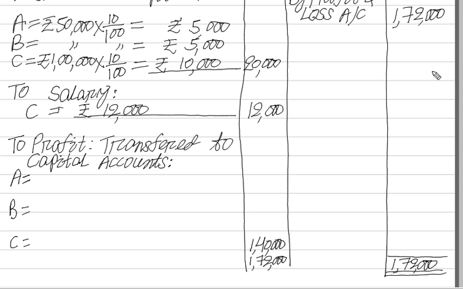For A, 20,000 multiplied by 1/4 is rupees 5,000, for B rupees 5,000, and for C 2/4 of 20,000, that is 10,000.